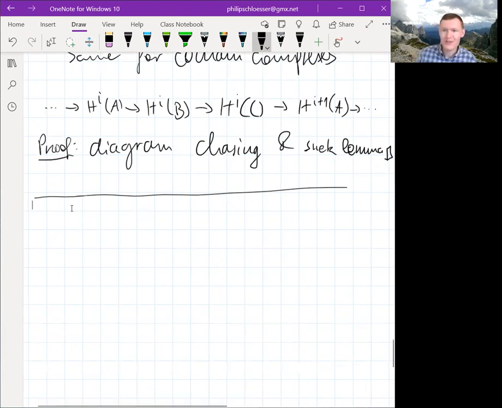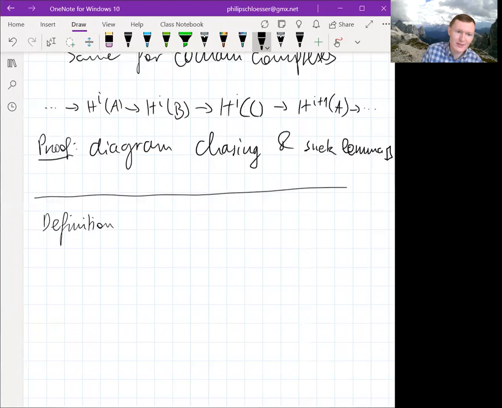And they very much involve choices, but it turns out that for different choices of an injective or a projective resolution, we get homotopy equivalent cochain complexes or chain complexes, and therefore the homology groups or the cohomology groups don't really care which resolution we chose.